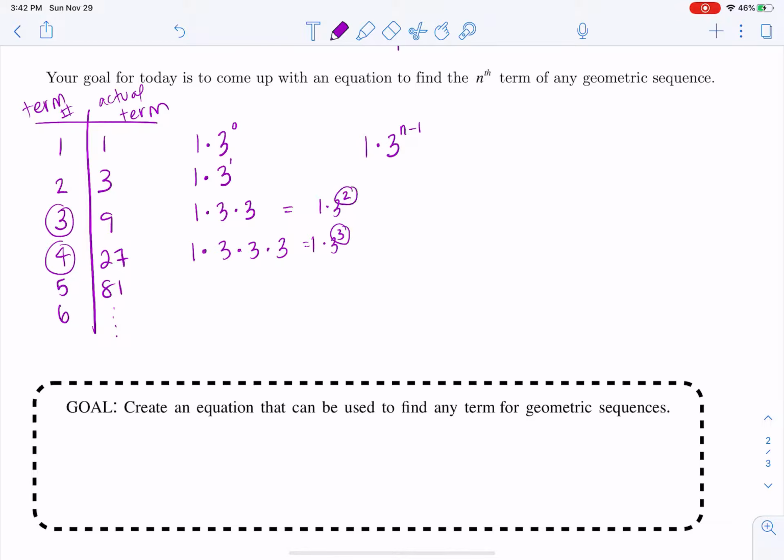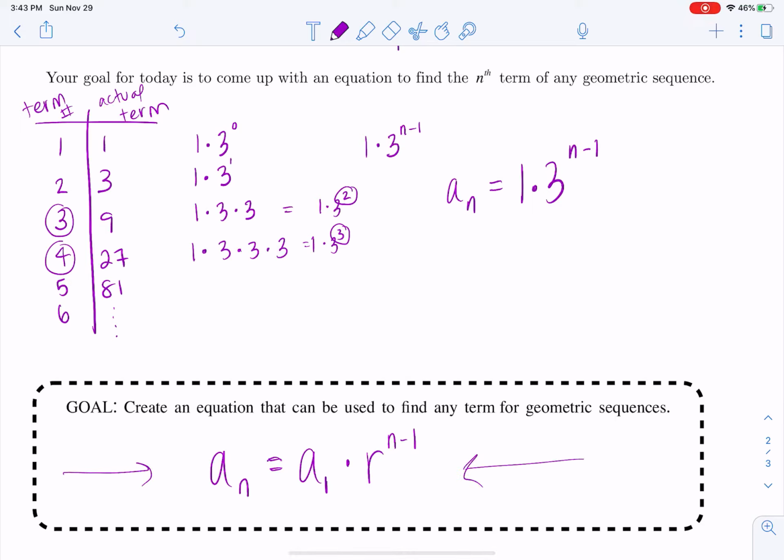So if I subtract 1 from both of those, I can say that a of n for this particular geometric sequence is 1 times 3 to the n minus 1. And for any geometric sequence, I can say a of n is my first term times my common ratio raised to the n minus 1. So this is our equation to find any term of any geometric sequence.